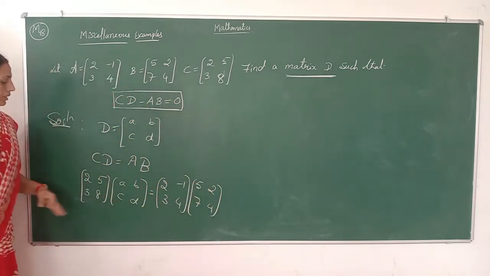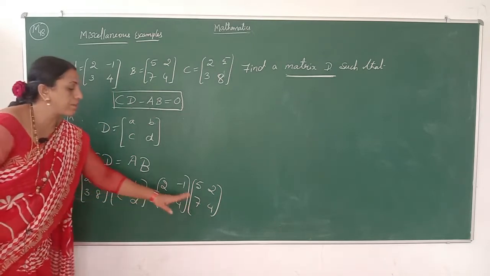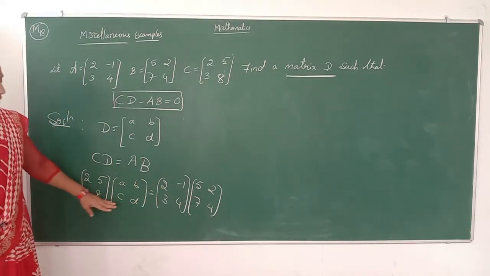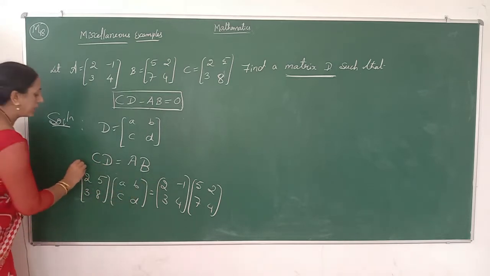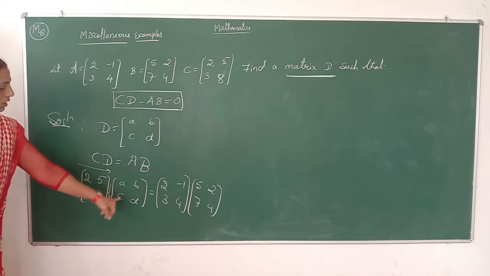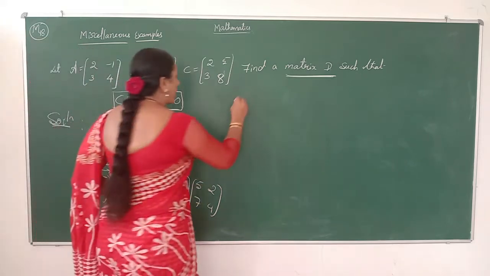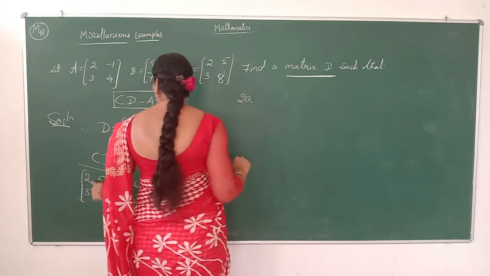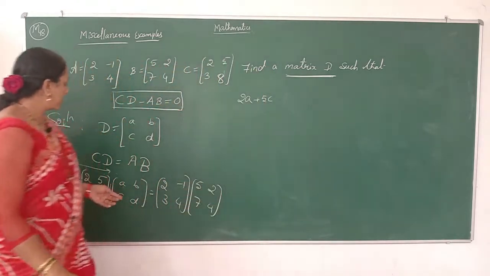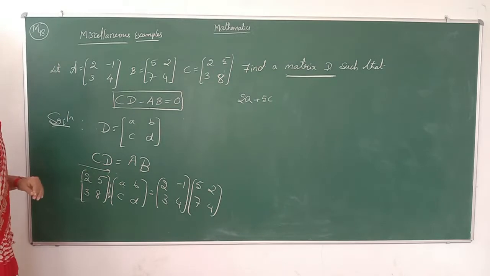We observe that both LHS and RHS are a product of two matrices. Therefore, first we multiply these two matrices by using the row with column operation. In the first row, first column, 2 into A is 2A plus 5 into C is 5C. These are the elements of the first row, first column.